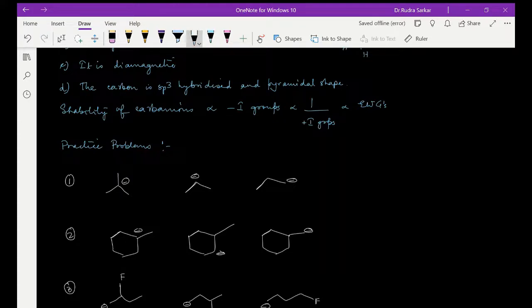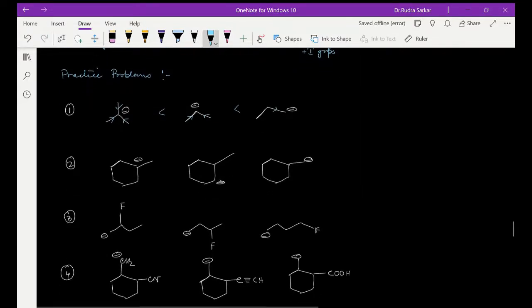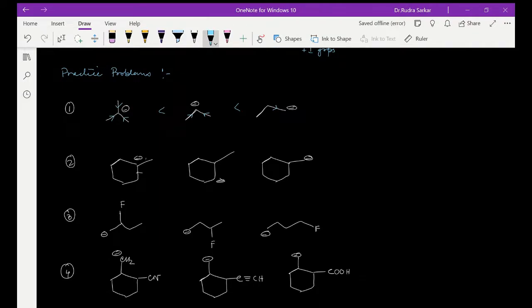So as we can see in the first problem itself, there are 3 plus I effects, here there are 2 plus I effects, there is only 1 plus I effect. So obviously the most stable will be the third one, followed by the second, and followed by the fourth. Here there are 3 plus I effects, out here 2 plus I effects, only 1 plus I effect. So this is more stable, followed by the second and followed by the first one.